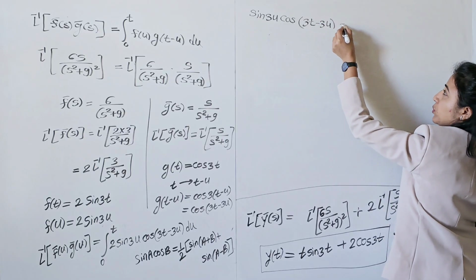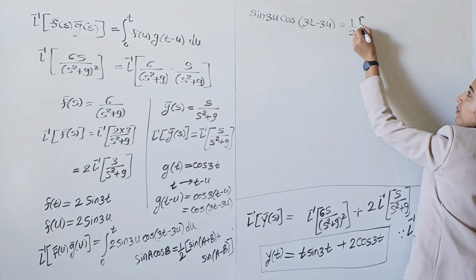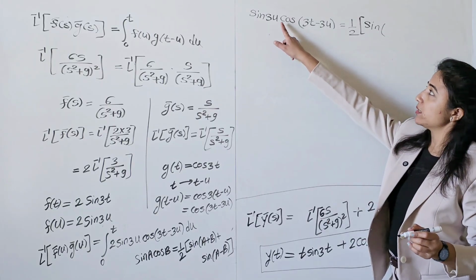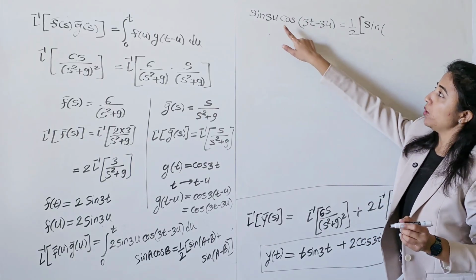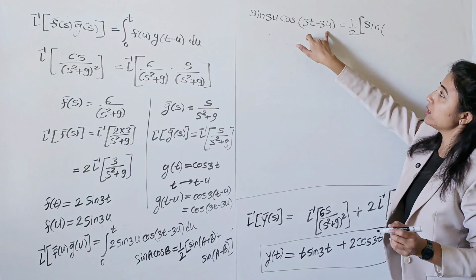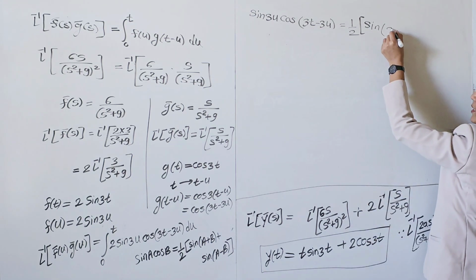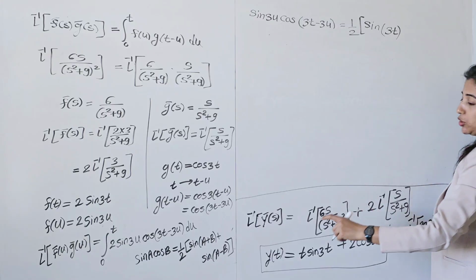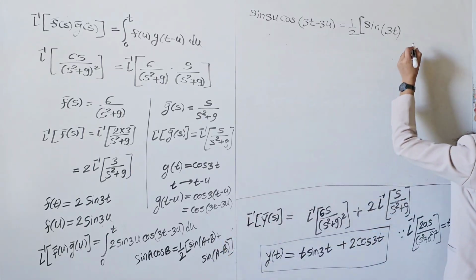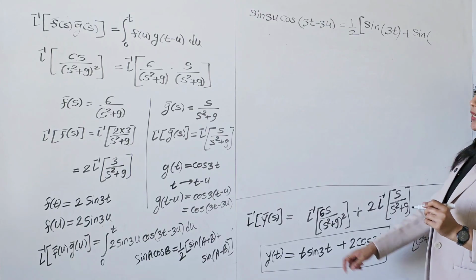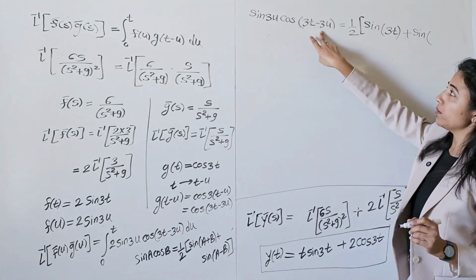3u) equals 1 by 2 in a first bracket, the addition of their angles. So if we take the addition of these two angles, 3u minus 3u is 0 and the remaining is 3t. So plus sine of the subtraction of angles, so 3u minus this term.